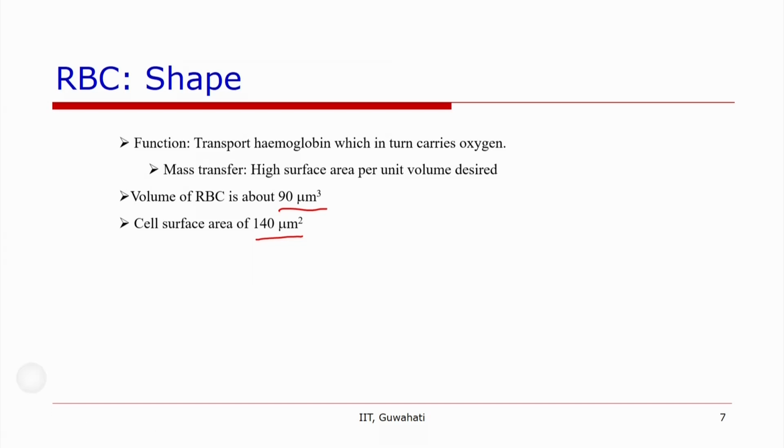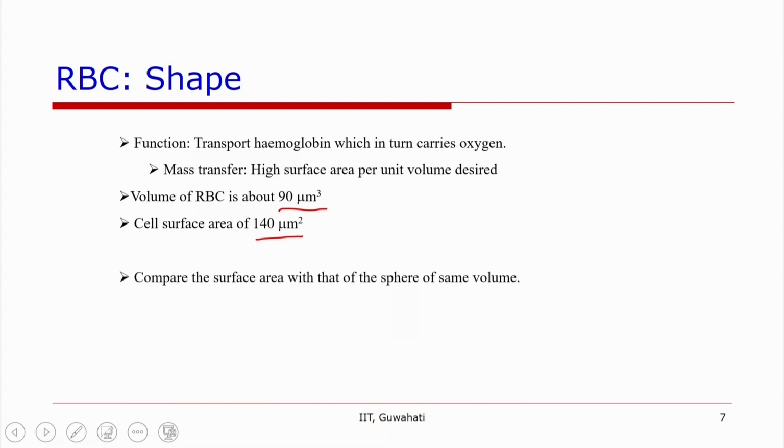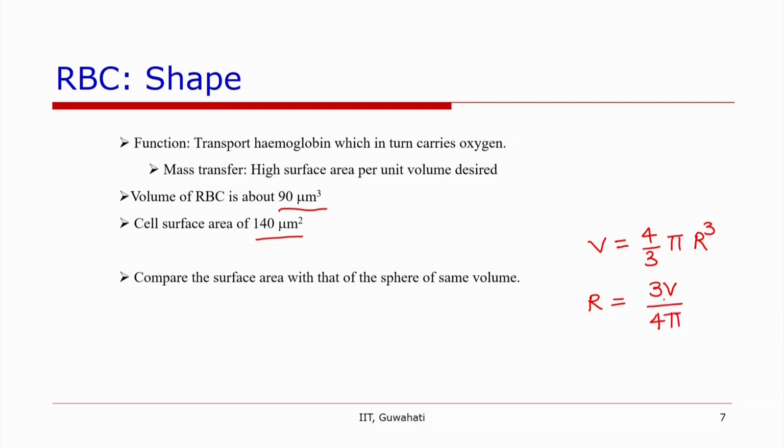Let us compare this number with that of a sphere. So, for a sphere, the volume is 4 by 3 pi r cube, and r will be 3v by 4 pi to the power 1 by 3. So, we substitute it here, we will get the radius to be about 2.78 microns.